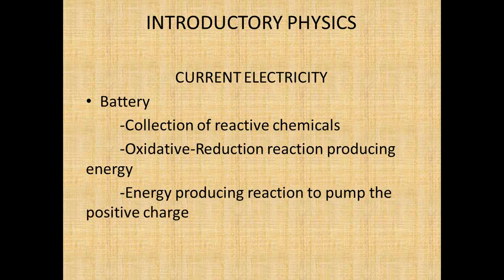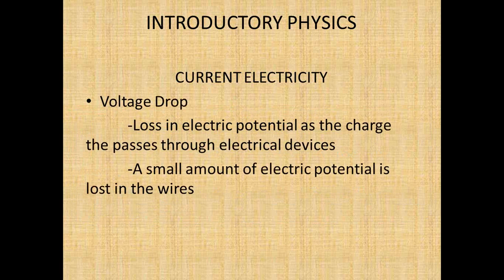So that is why your battery or power source is there, just to create that electric potential difference. Once you create the electric potential difference, you need nothing more. The natural tendency is for the positive charge to flow through the circuit towards the negative terminal. That's what will happen naturally.